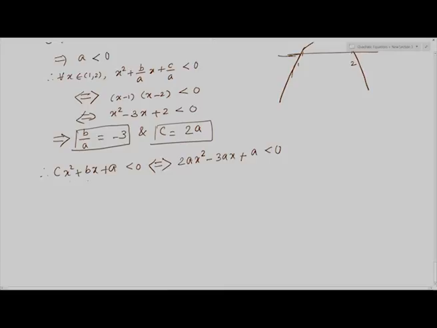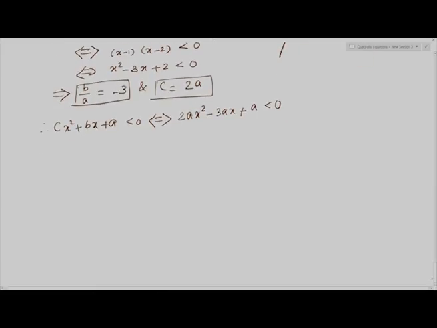The solution set of this inequality is the same as the solution set of this inequality. Now, this is if and only if, dividing by a, and a is negative, remember, 2x square minus 3x plus 1 is positive.